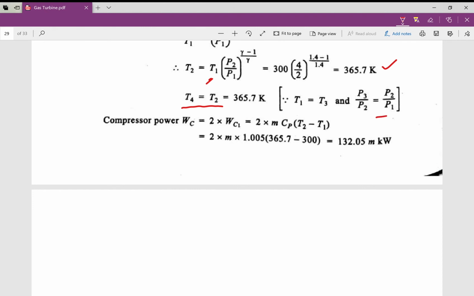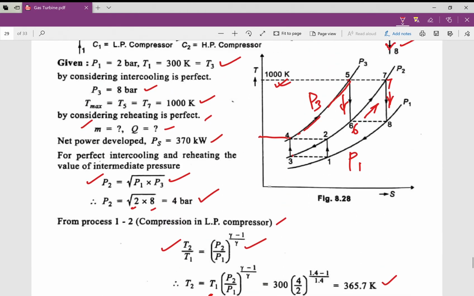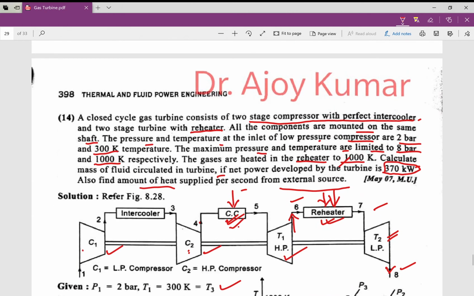Right, now compressor work, that is the same for both compressors, henceforth it is multiplied by 2. It is mentioned in the numerical that all the components are mounted on the same shaft. Yes, the turbine consists of a two-stage compressor.